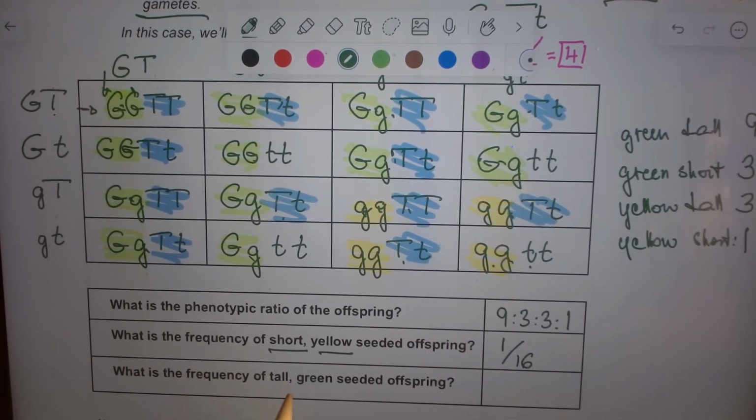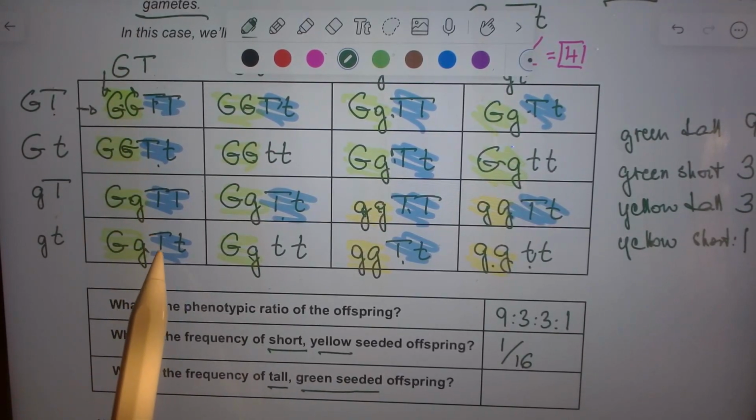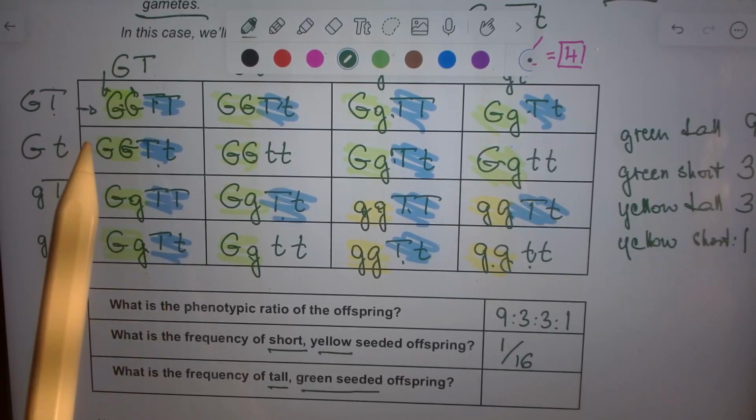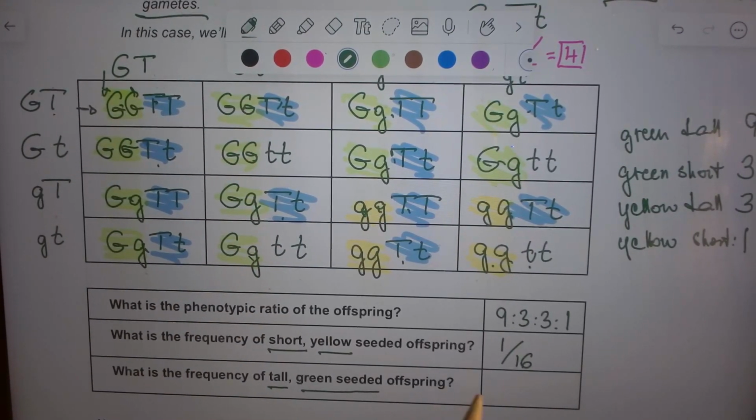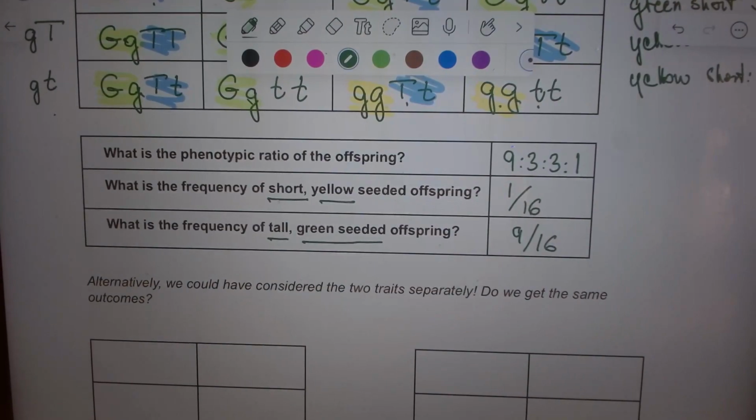What is the frequency of the tall green-seeded offspring? Tall, capital T's, homozygous or heterozygous dominant for that. And the green is either 1 or 2 capital G's. It's going to be 9/16.